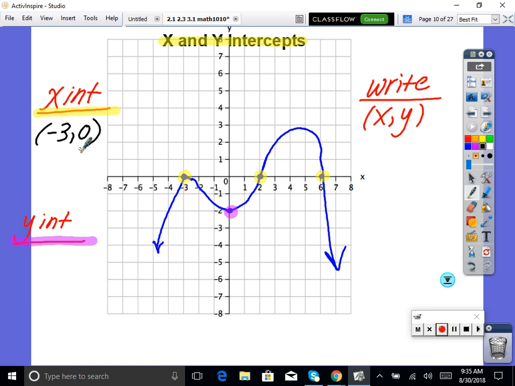We always write them as points. Over 2 up 0. We do x first always. Over 6 up 0. There's our x-intercepts. Now with y-intercepts, you say, okay, I'm going over 0 and then down 2. So we went over 0, but then down 2 units. Does that make sense, everybody? All right.